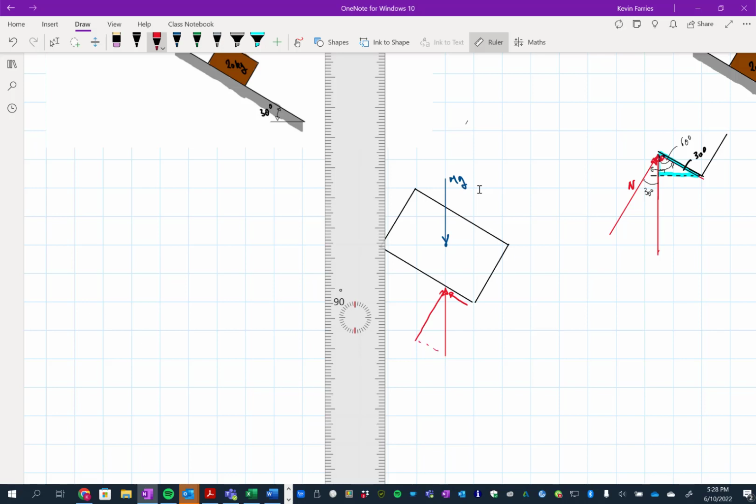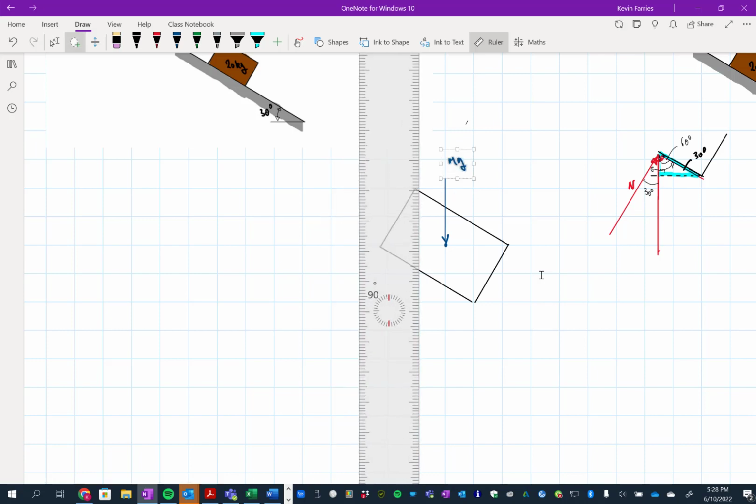But this time, you don't have static equilibrium, so it's not necessarily the case that the reaction force is equal and opposite to the weight. So we're going to have to think a bit more carefully about it.